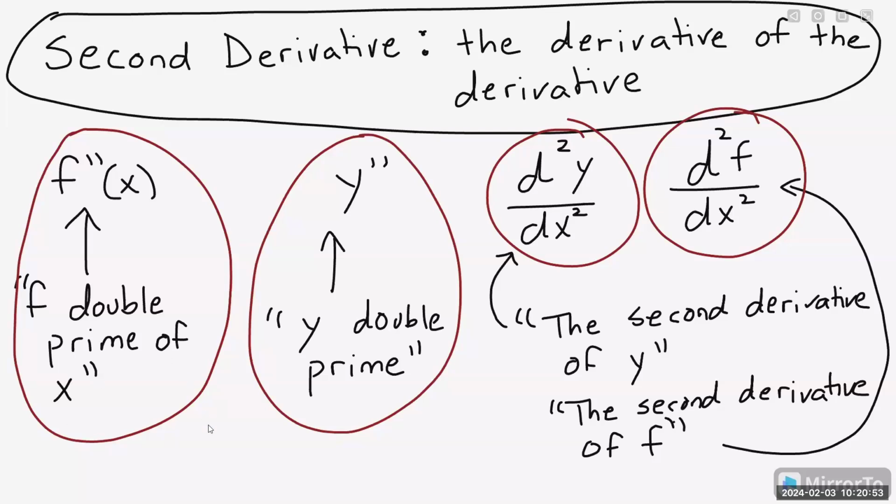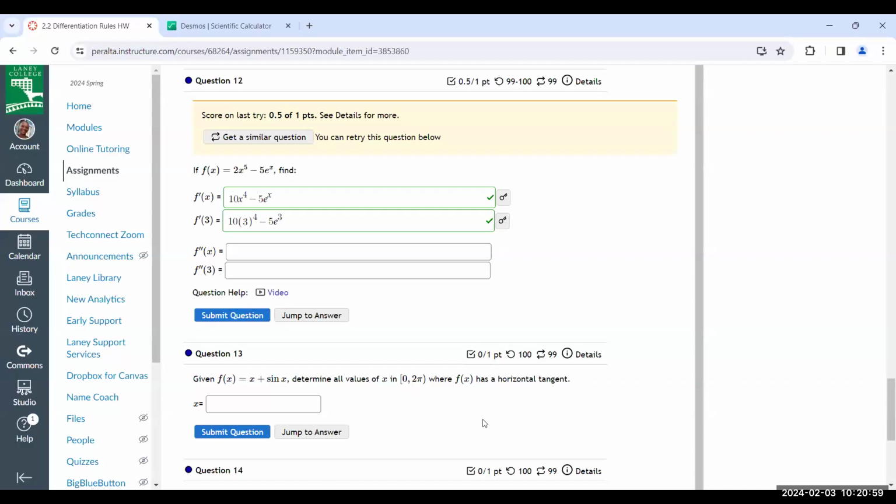So since the second derivative means the derivative of the derivative, for this problem number 12, we take our first derivative and we need to find the derivative of what I just circled. So we're going to apply the power rule again. And I get to say f double prime of x equals 4 times 10, again, you might be doing this in your head at this point, times x to the 4 minus 1.